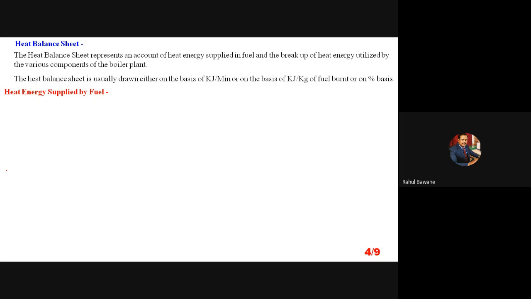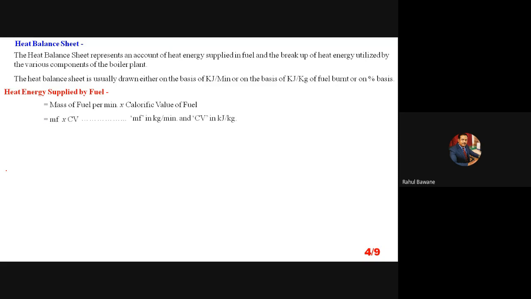Now what do we have to consider in the heat balance sheet? First is heat energy supplied by fuel. When we burn a fuel, how much heat is supplied? It is always calculated as mass of fuel per minute multiplied by calorific value of fuel. Remember, the fuel might be coal, that is solid, or a liquid, or any gaseous fuel like LNG.